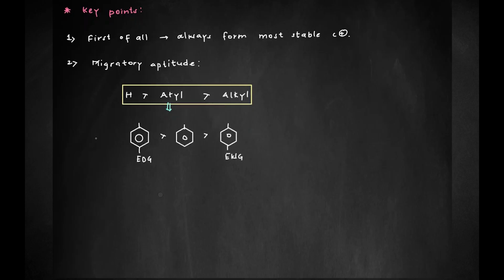Okay, so number one is the hydrogen, then aryl with electron donating group, then simple phenyl group, and then phenyl with the electron withdrawing group. In the alkyl, you will first migrate tertiary, then secondary alkyl group, and then primary alkyl group. Okay, so this is the most important point, my dear student. You have to remember this particular thing. Clear?